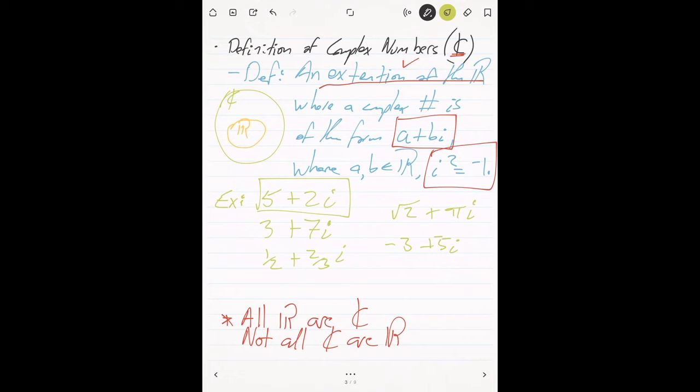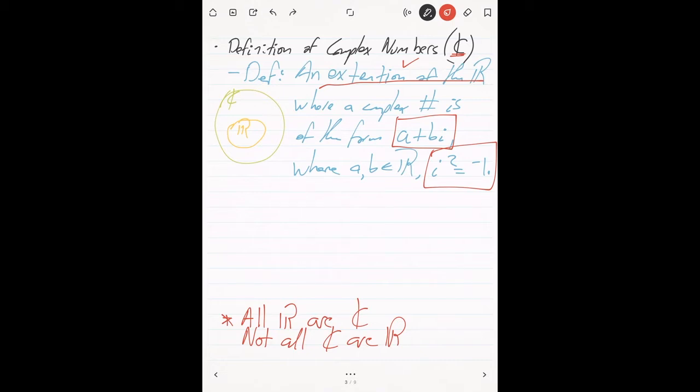So that's even allowed. Something I'm curious about, though, is the statement I made before that all real numbers are also complex numbers, but not all complex numbers are real numbers. So it gets back to this idea that the complex numbers are an extension of the real numbers.